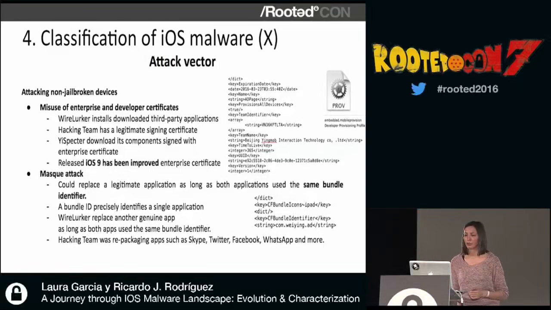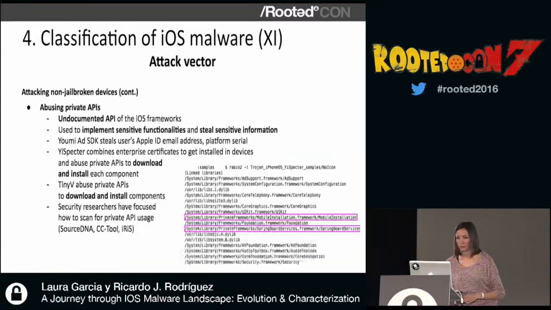Important cases, as you can see, are WireLurker or Hacking Team, which install long-lasting third-party applications. It could replace a legitimate application as long as both applications use the same bundle identifier with the given certificates. It's funny to me that they validate your identity to give you an Apple certificate, but it is given to those who are paying for it.